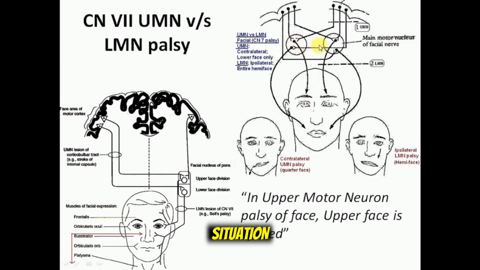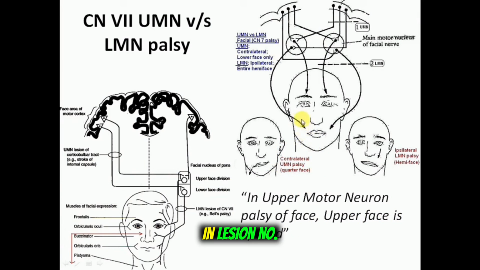So in this situation, the upper part of the face is spared, whereas these fibers, which innervate the contralateral lower part of the facial nucleus, which will supply the contralateral lower part of the face, will be affected. So in upper motor neuron type of facial palsy, the upper face is spared, and the contralateral lower face will be affected.